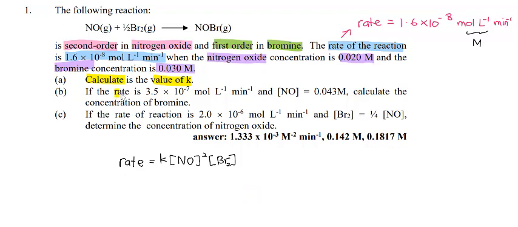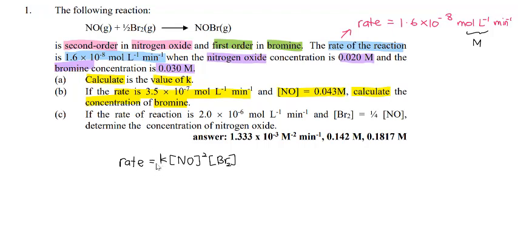B, given the new rate of reaction for this reaction and also the concentration of nitrogen oxide, the question asks you to calculate the concentration of bromine. Again, we apply the same rate law. Just bear in mind, even if the concentration changes, the value of K will still be the same.